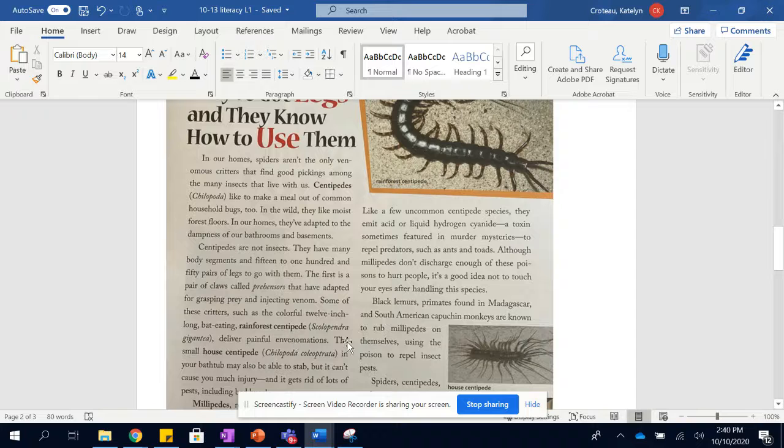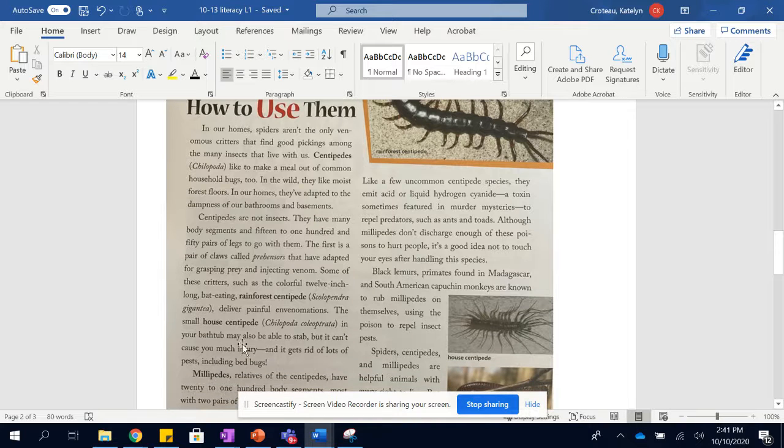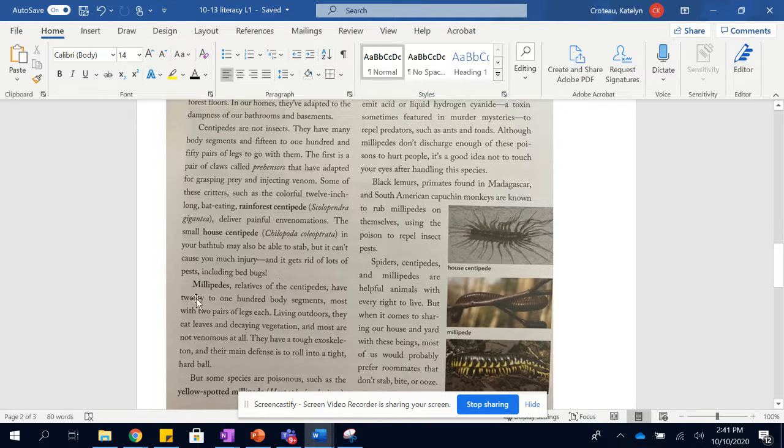The small house centipede, Scutigera coleoptrata, in your bathtub may also be able to sting, but it can't cause you much injury. And it gets rid of lots of pests, including bedbugs. Millipedes, relatives of the centipedes, have 20 to 100 body segments, most with 2 pairs of legs each.